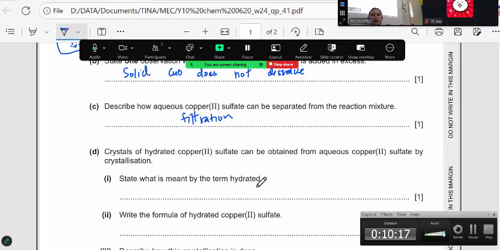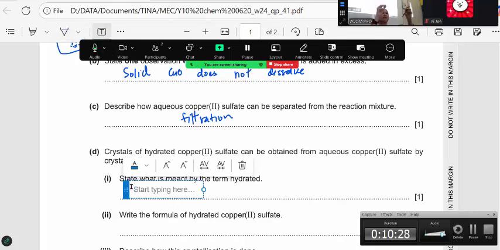Crystals of hydrated copper(II) sulfate can be obtained from aqueous copper(II) sulfate by crystallization. What does hydrated mean? For this one, you must write a specific term. You cannot write what you feel.